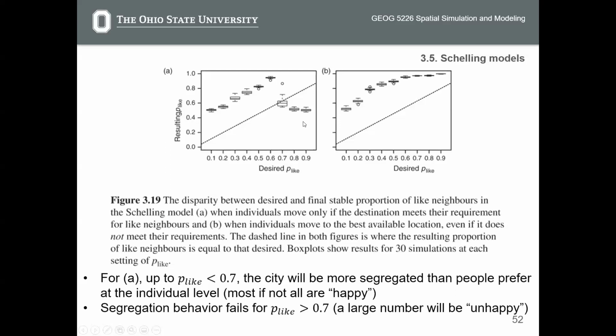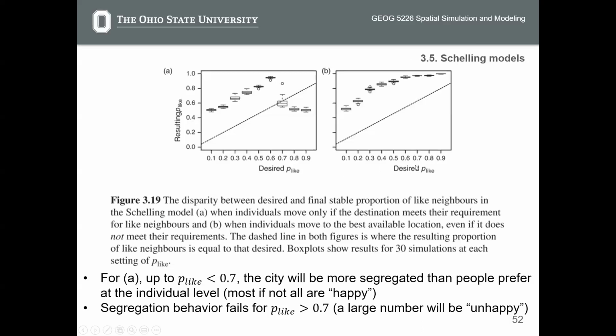It means that you should not be too strict. There should be compromise. As long as the new destination is better than your current p-like, or it's the best available, you should move. That's what you see here. As long as the destination is the best available, even if the p-like there is not above your desired p-like, you should move. If that's the rule, you have this result.